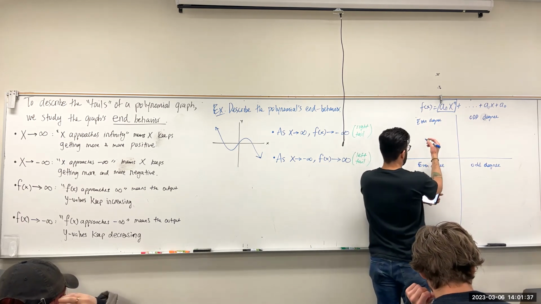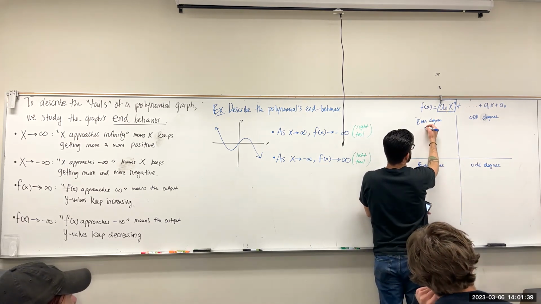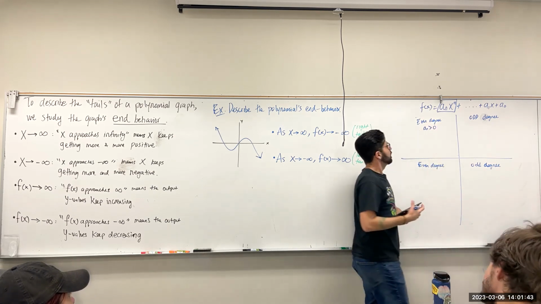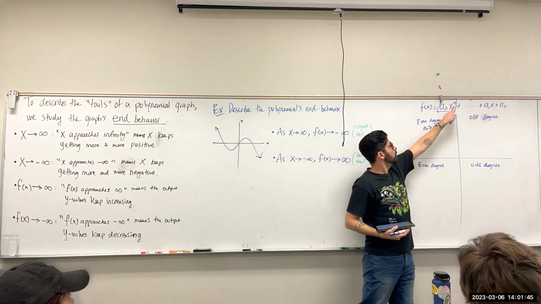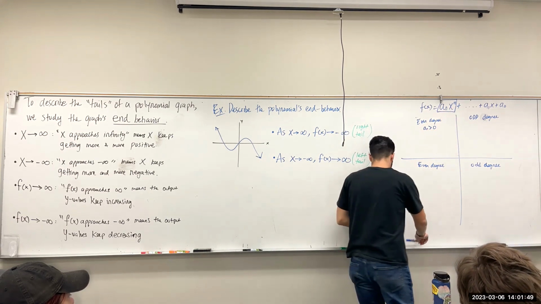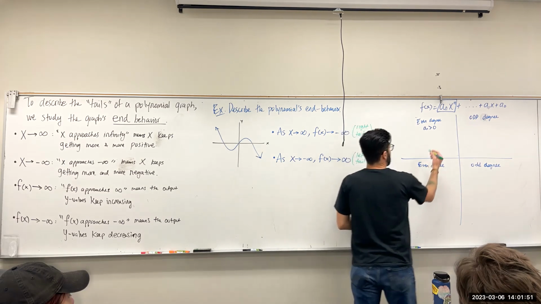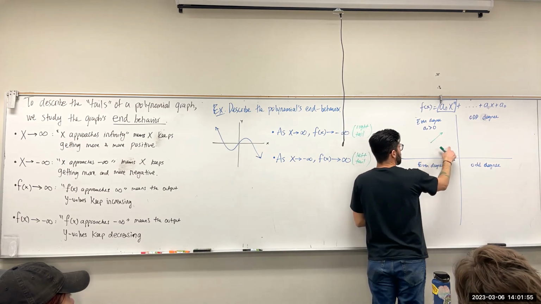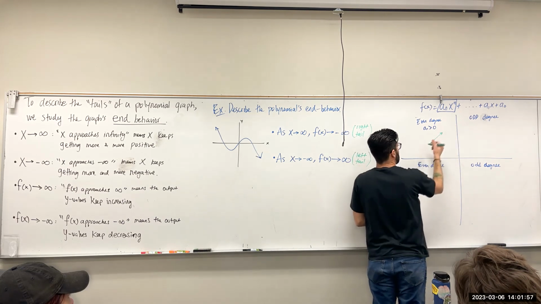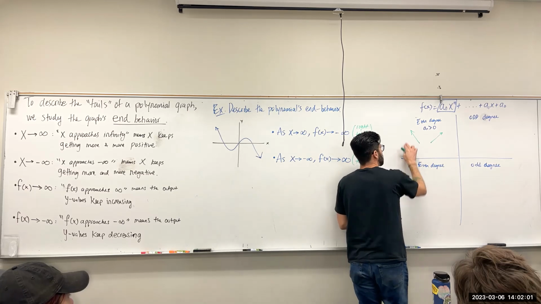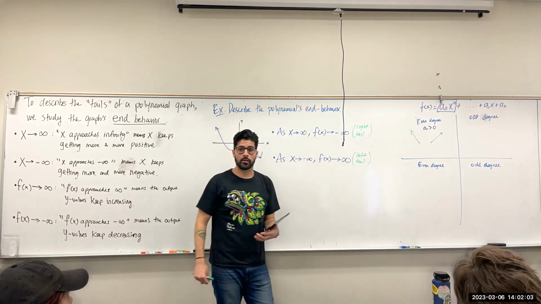So if the leading coefficient, a sub n, is positive and your polynomial has even degree, it turns out the end behavior of the right tail is as x goes to infinity, f of x goes to infinity, and same with the left tail. As x goes to negative infinity, the left tail goes up.